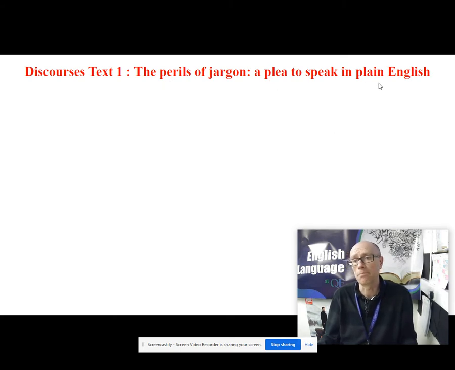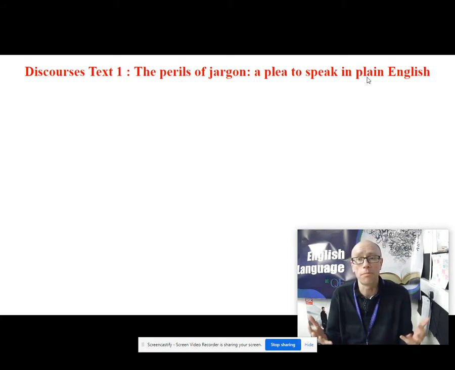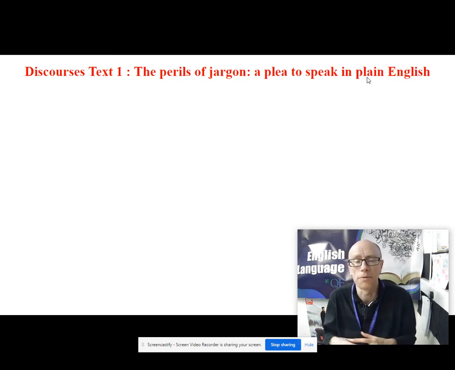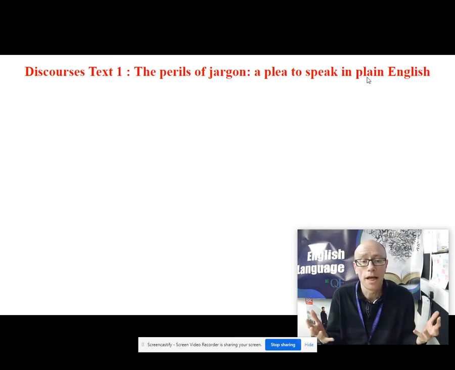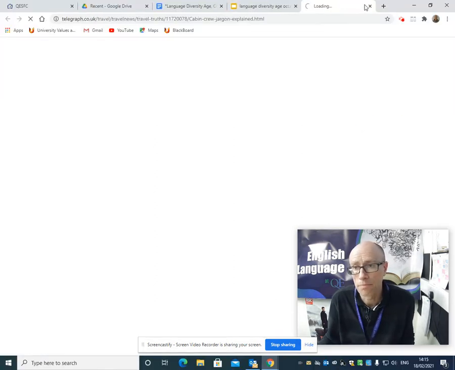Perils, plea, and plain. So even though we may not be reading out aloud the headline to somebody else, still phonology plays its part. Okay, so this seems to be somebody who is criticising people's use of very technical, precise, jargonistic language. Let's see if that actually emerges.